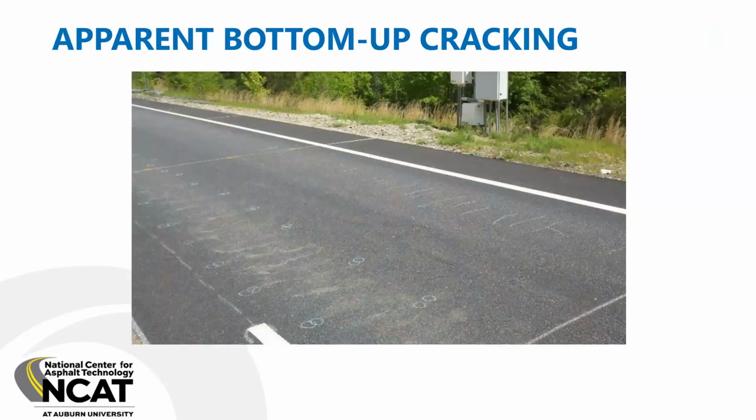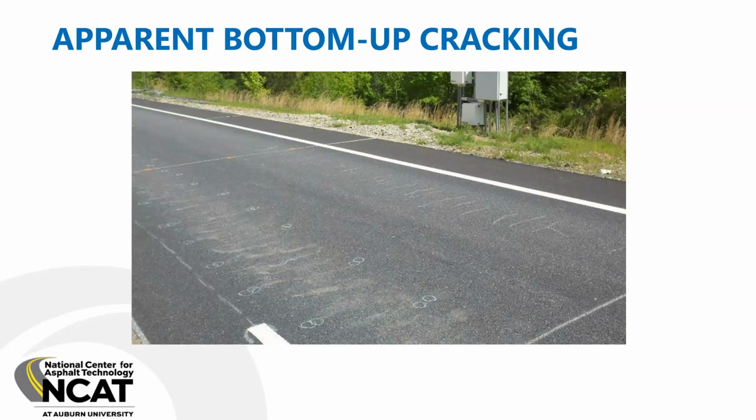Now, here's a case, a test section on the track that we were not expecting to fail as early as it did in bottom up fatigue cracking. And I think Jason's got some slides he's going to show later in the webinar today that describe exactly what happened here. But this is a case where the pavement debonded between layers. So you have a relatively thick pavement that is responding and behaving like a thin pavement because it debonded.